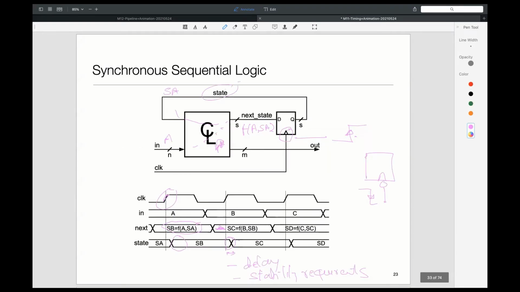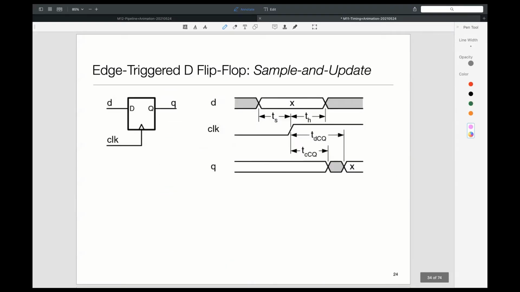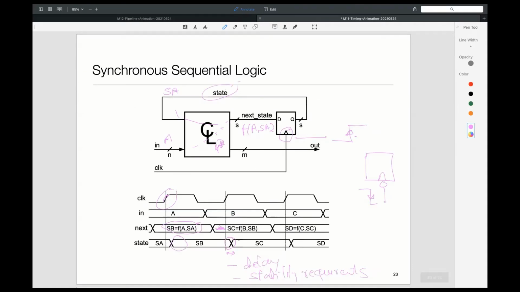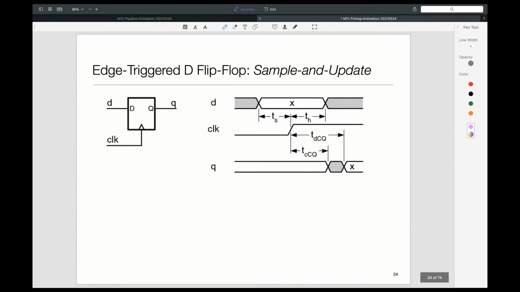So let's zoom in on a clock edge for a D flip-flop. Just think of it this way: I'm looking at one of the flip-flops in the sequential circuit, and it looks something like this. There is an input D, the clock tick comes, output is Q, and that's what we have.